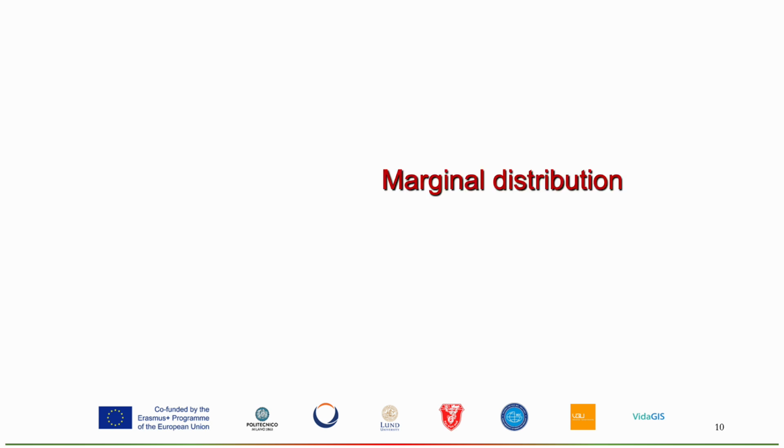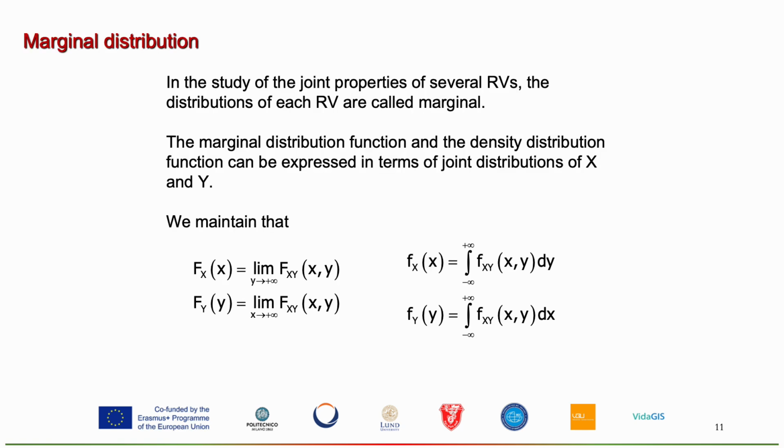Now, given a two-dimensional random variable, the individual distribution or probability of each one of them, so the individual of x and the individual of y, are called marginal distribution. In particular, we can define these quantities. The marginal cumulative distribution of x, capital F x, is equal to the limit for y that tends to plus infinity of F xy, or of the joint cumulative distribution of x and y.